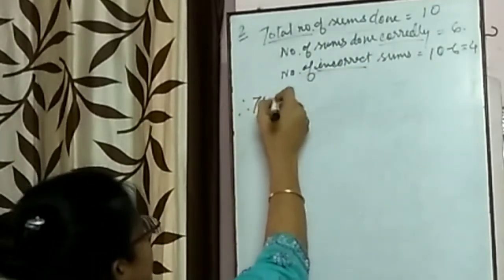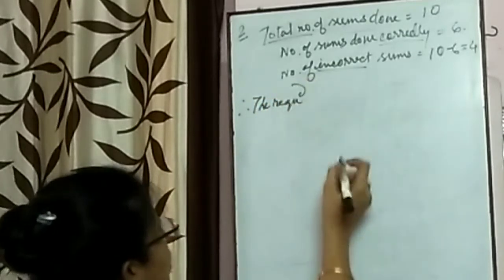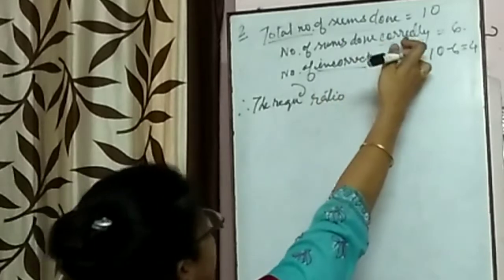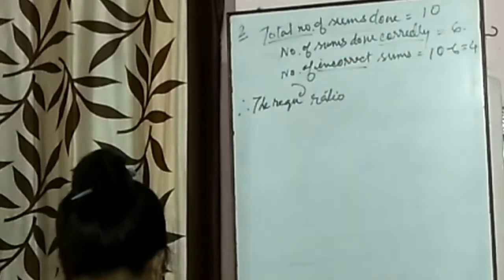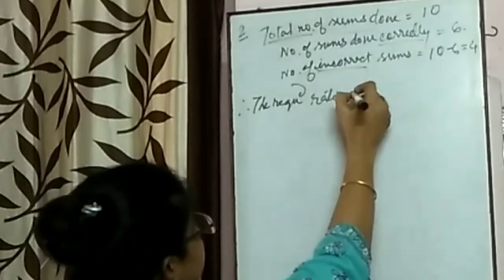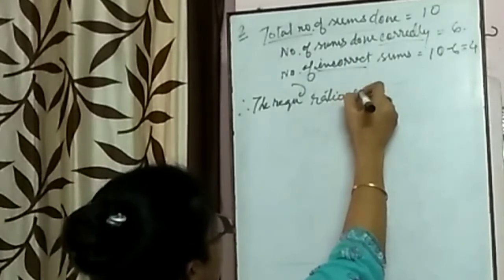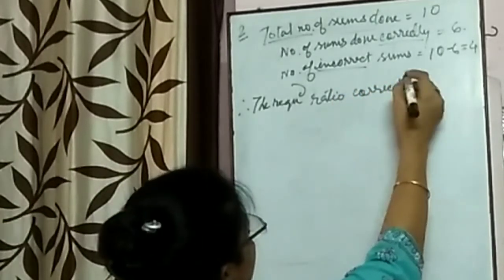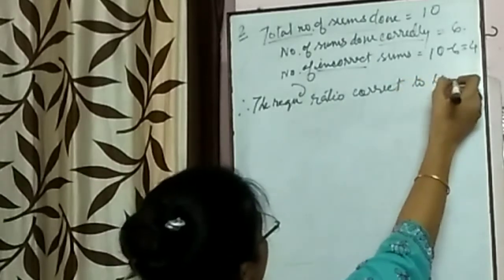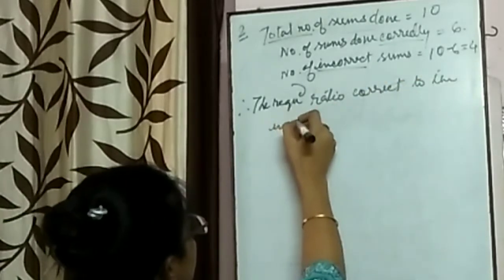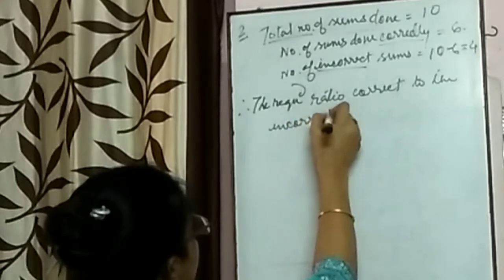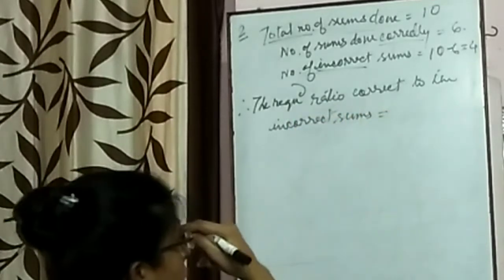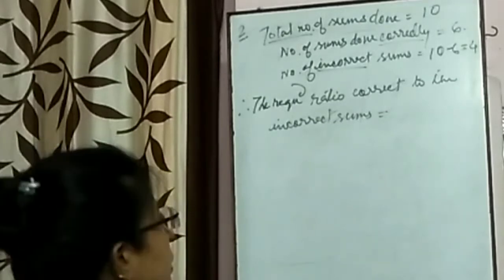Therefore, the required ratio of correct sums to incorrect sums is equal to, how to find?